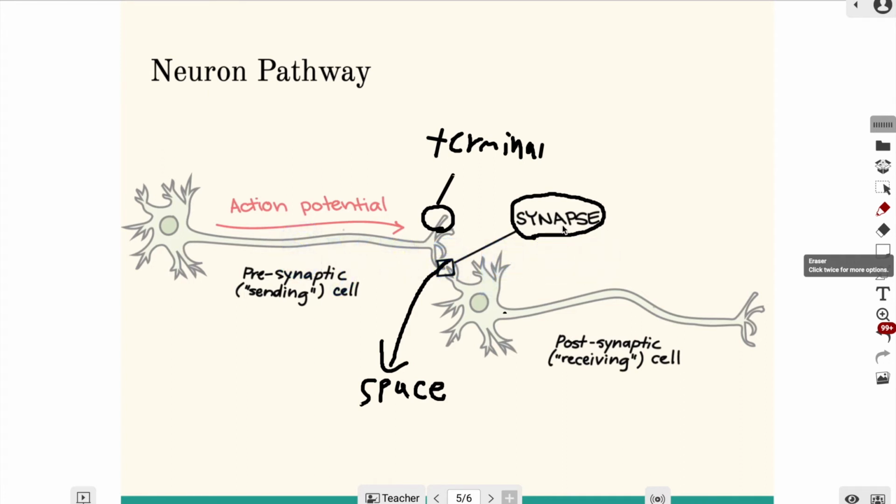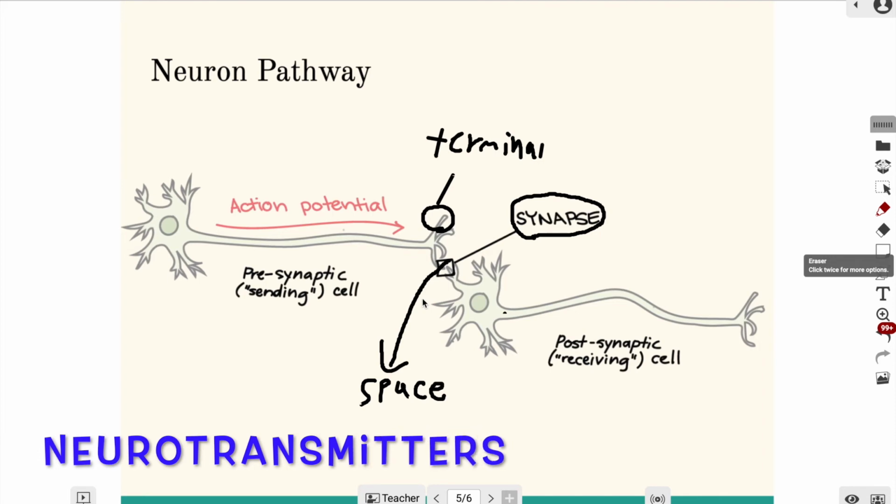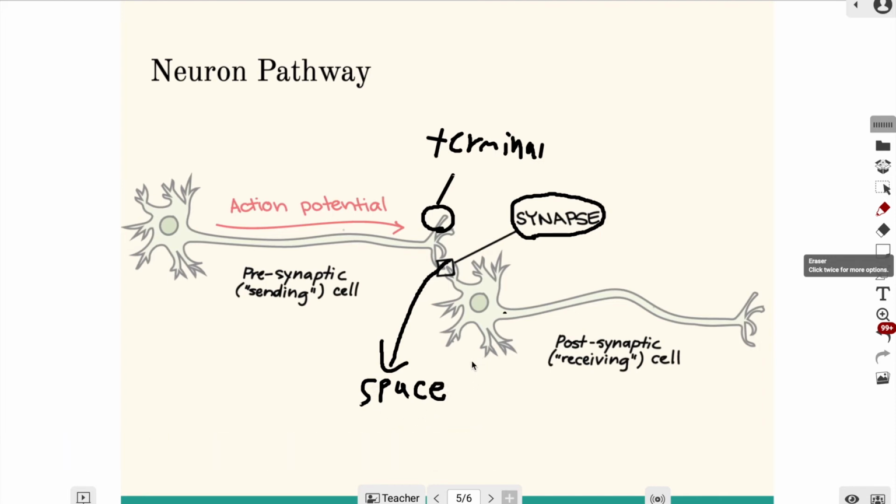But okay, if they're not touching each other, then how does the signal get to the other neuron? From one neuron to the next, how is the signal relayed? That is a good question. And the way that works is through neurotransmitters. What I want you to consider here is that these neurotransmitters are just chemical messengers.